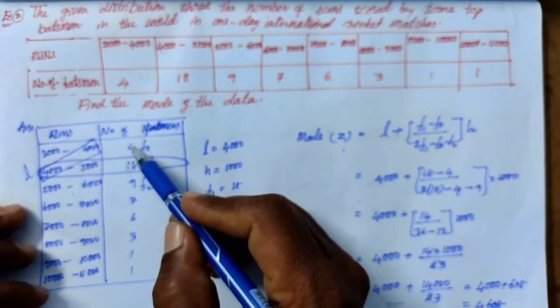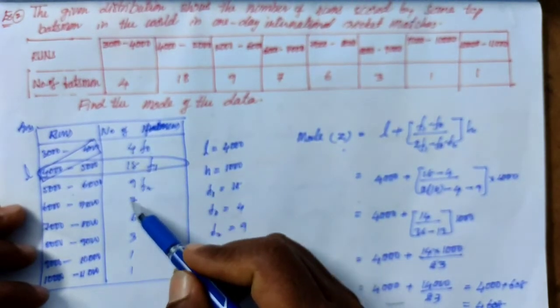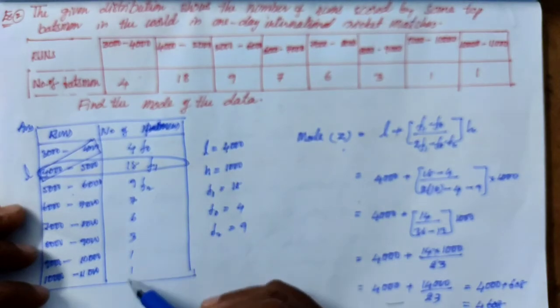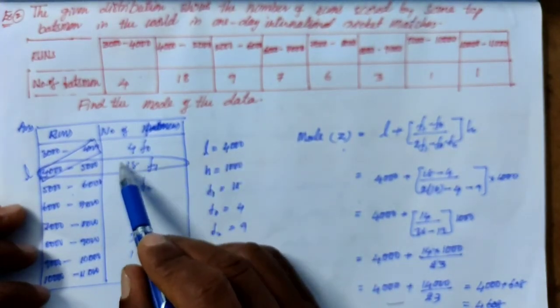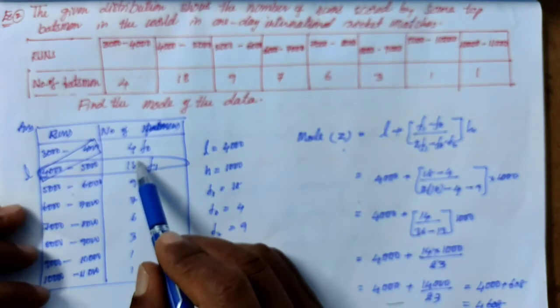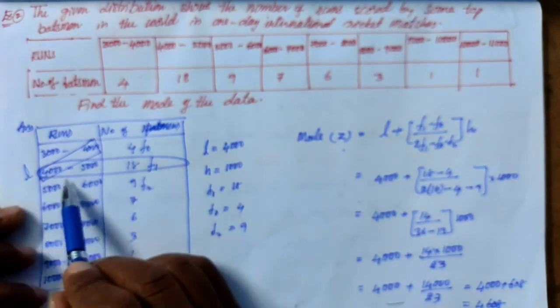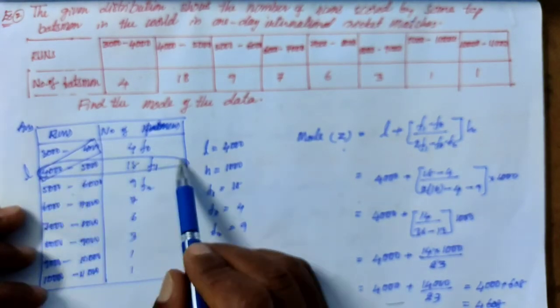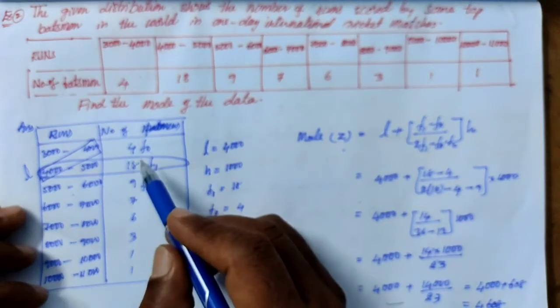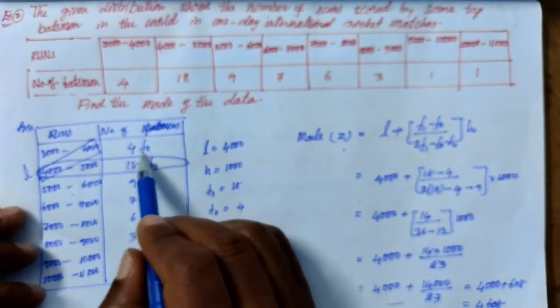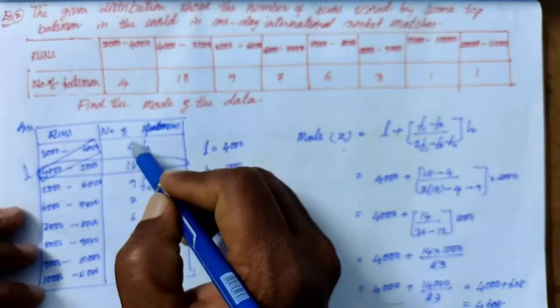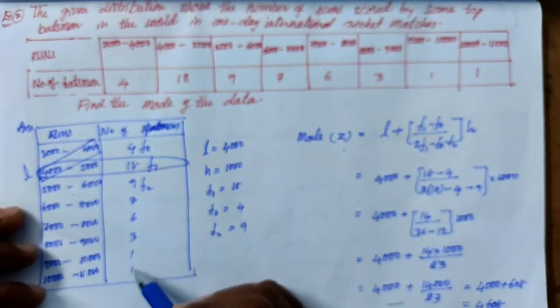Here the frequencies are 4, 8, 9, 7, 6, 3, 1, 1. Among these frequencies, 18 is the biggest value, so this is the modal class. To find the mode of the given data, we take the class with the highest frequency as the modal class.